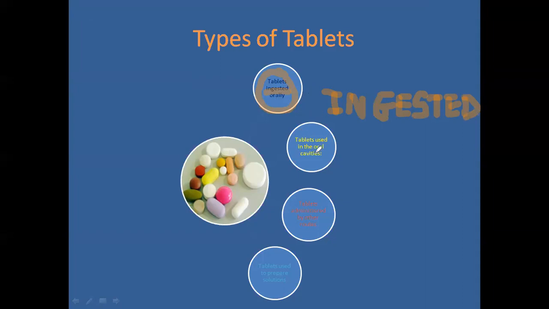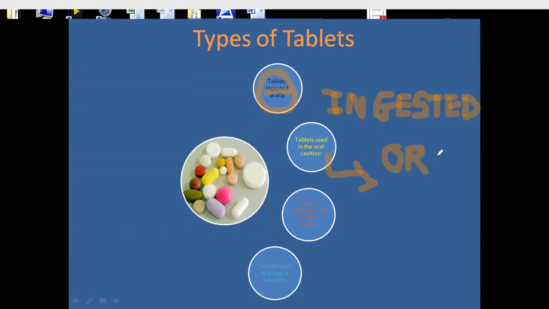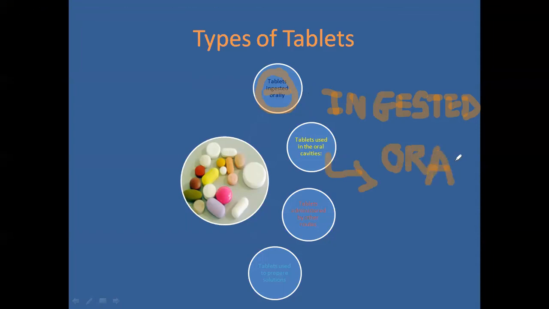Okay. Then the second type of tablets are the tablets which are used in the oral cavity, means the tablets which are used specifically for the oral cavity. So this is your first tablet, that is the tablets which are ingested orally. Second type is the tablets which are used specifically in the oral cavity, and the third type is the tablets which are administered by other routes.